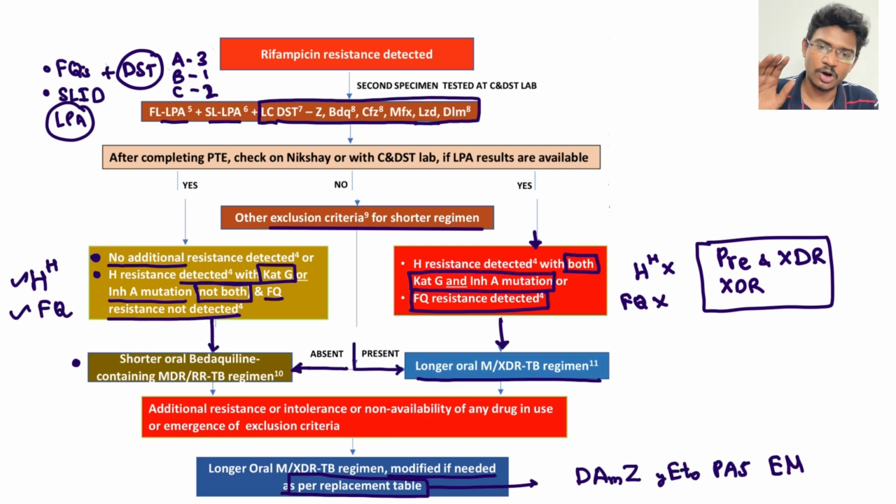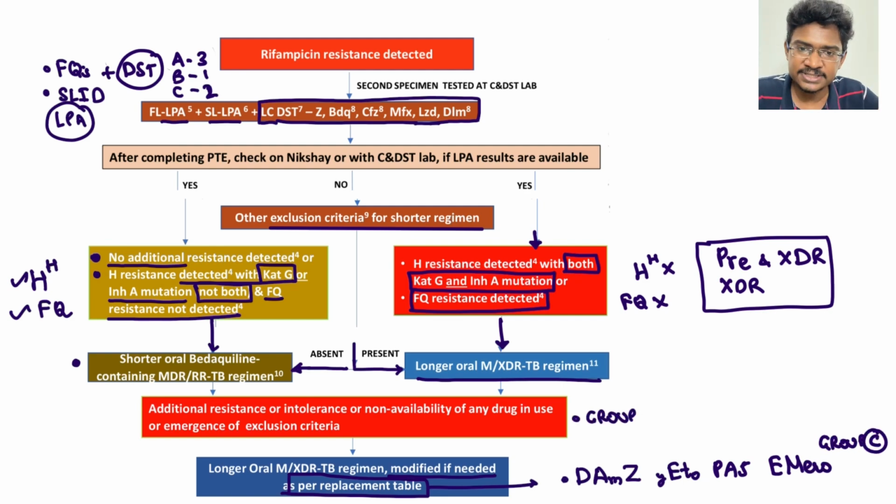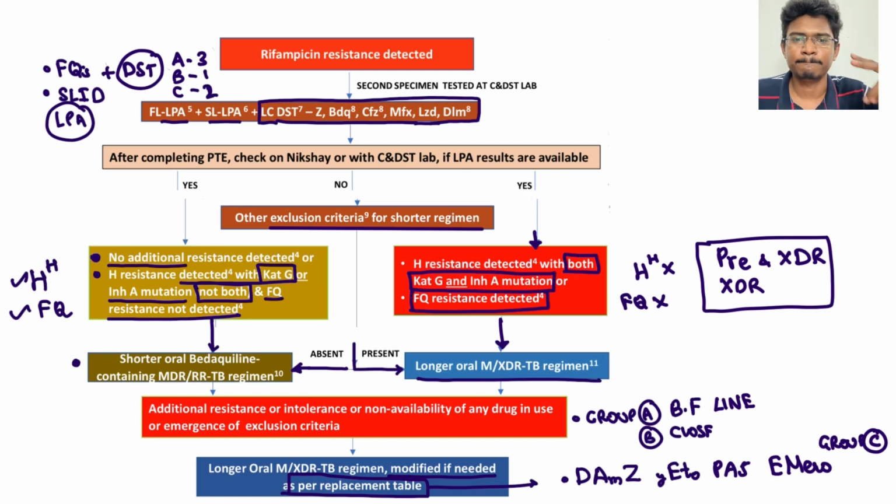Then you should obviously give the longer oral MDR or XDR-TB regimen, which we saw: group A, try utilizing all three if possible. If one is resistant among group B, try using 2. And if some resistance is there, then try using drugs in group C in the order of DAMS, yet to pass, and emergency: delamanid and amikacin, pyrazinamide, ethionamide, para-aminosalicylic acid, ethambutol, meropenem.